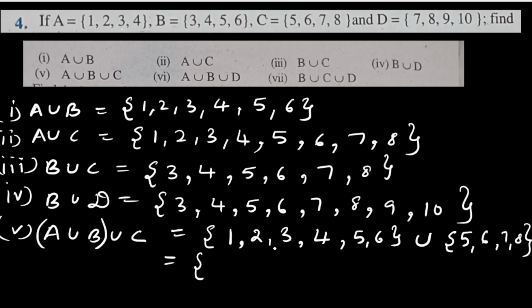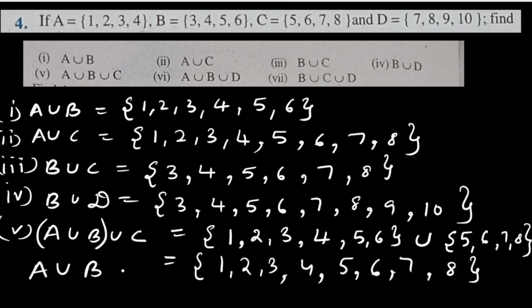So what will be the answer now? All the elements 1, 2, 3, 4, 5, 6. See, 5, 6 are here also, so we don't have to rewrite them. 7, 8. So A union B union C is equal to 1, 2, 3, 4, 5, 6, 7, 8.